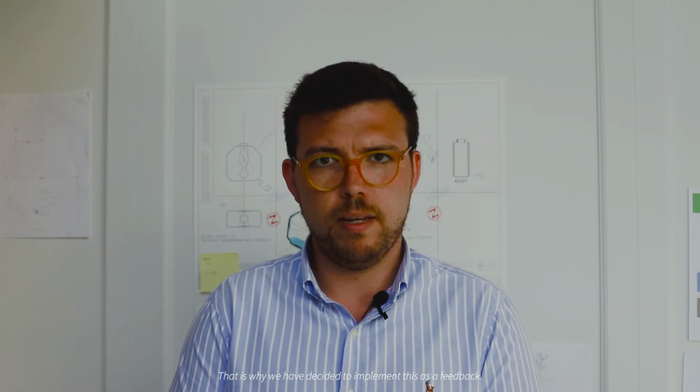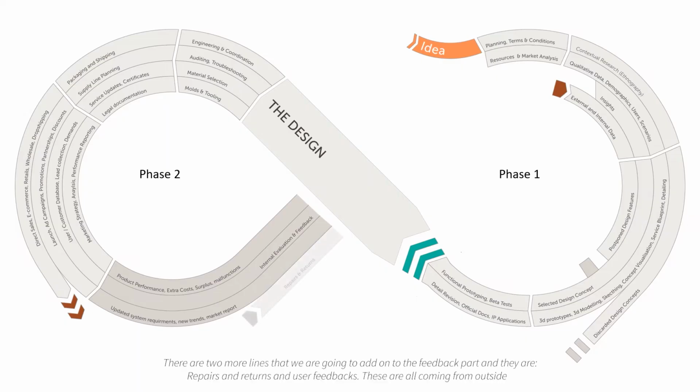That's why we decided to implement this as a feedback. And there are 2 more lines that are going to add on to this feedback part. They are repairs and returns and user feedbacks.